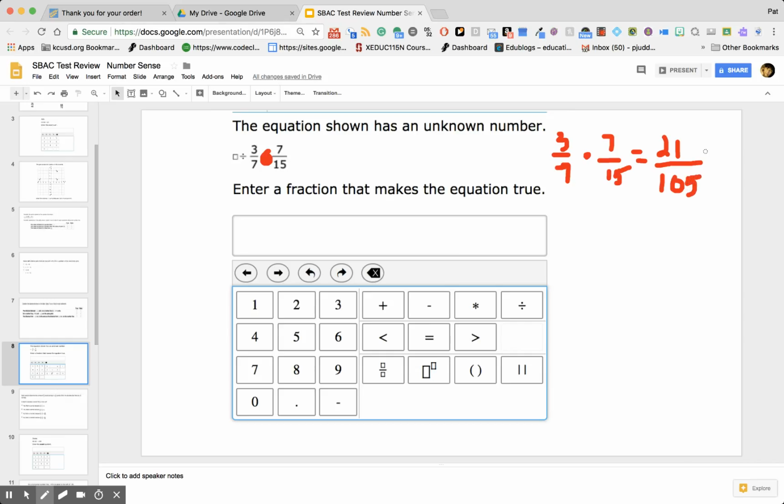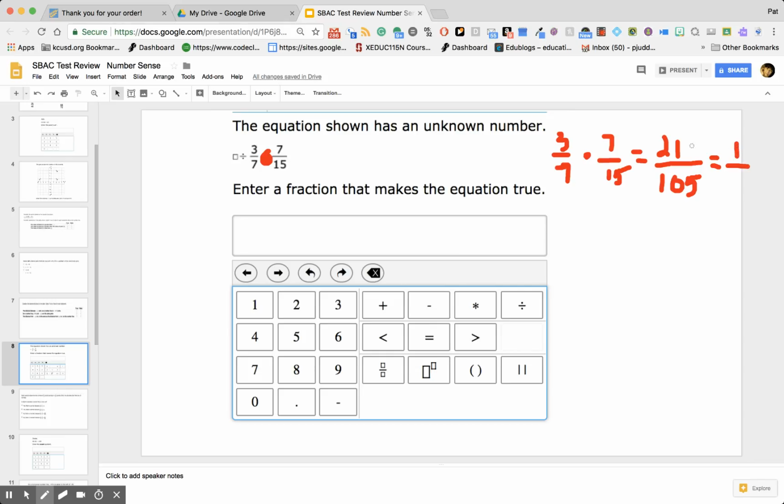Well, I know I can reduce 21 and 105, and I could use 7, but I'm going to think, would 21 also work?